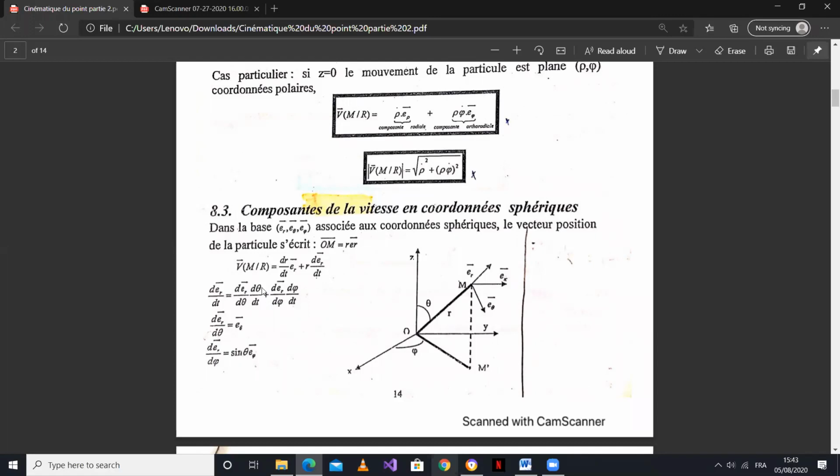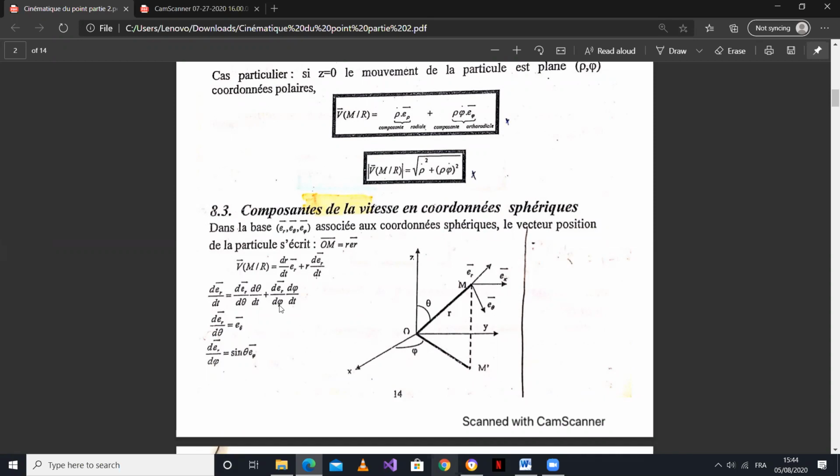As usual, d theta sur dt is just theta point, and d phi sur dt is just phi point. You just write phi point, theta point. It's these guys, d de R par rapport à d theta and d de R par rapport à d phi, that are going to make us work a bit.